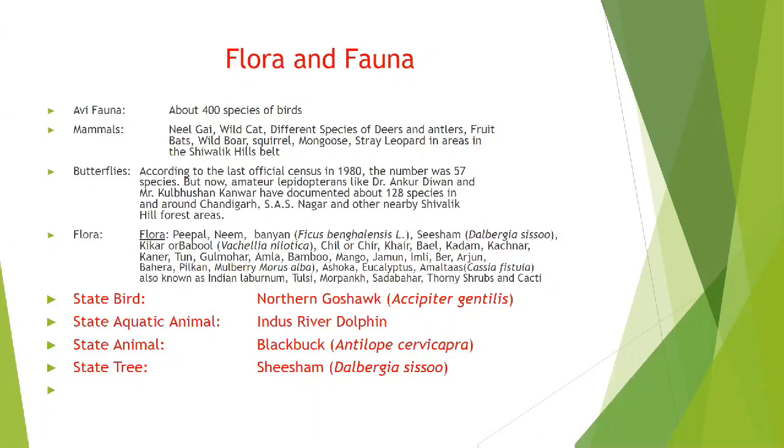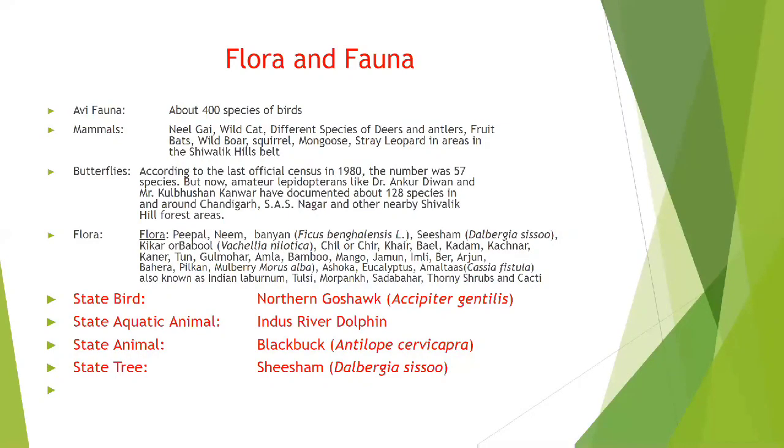So far as flora is concerned, apart from the ornamental plants, we have naturally growing plants, which are peepal, neem, banyan, shisham, which happens to be the state tree also.